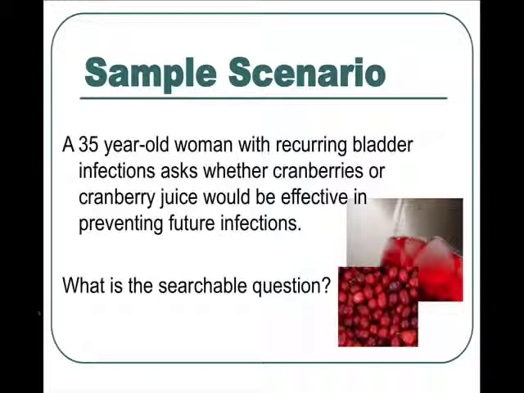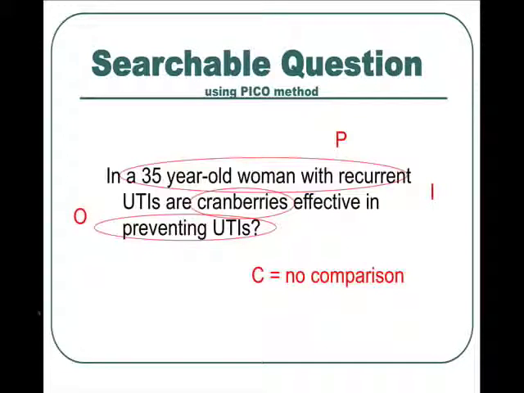If you look at this and ask yourself, what is the searchable question in this scenario? And as we had before, here is the example when we apply the PICO method. We basically deconstruct our scenario to show the basic concepts, the basic elements which will be used in our search process.